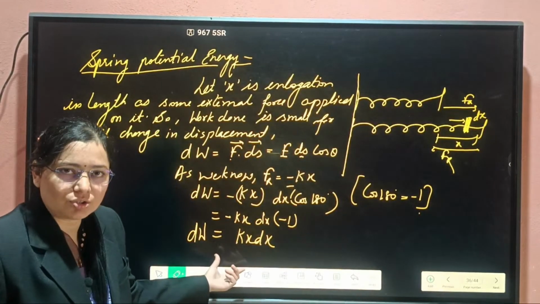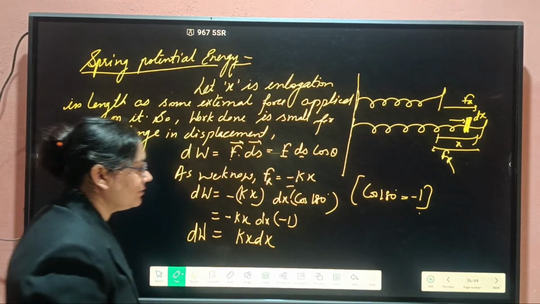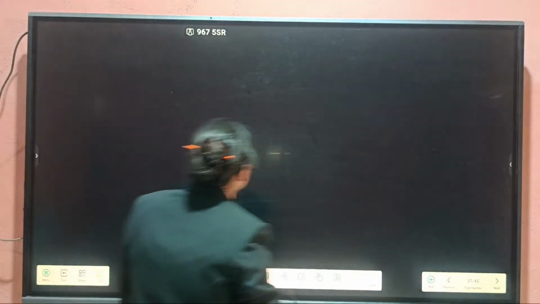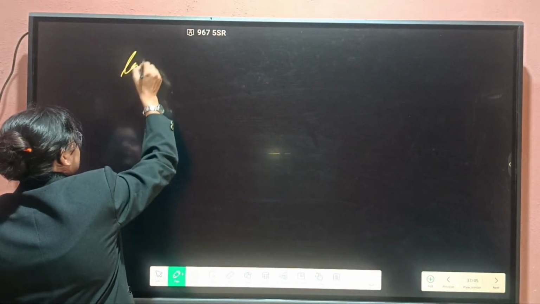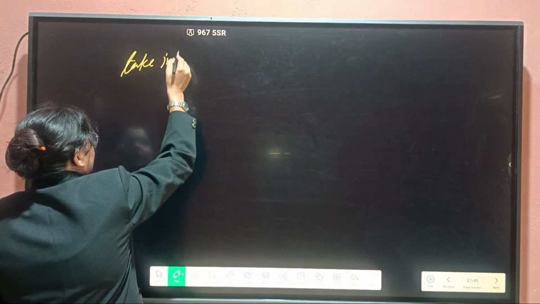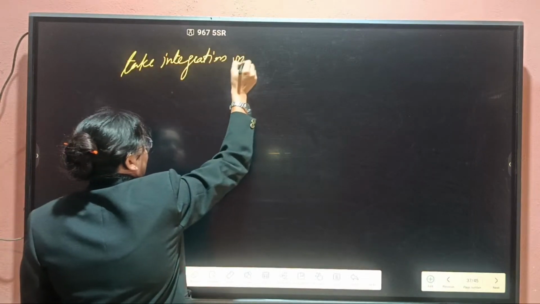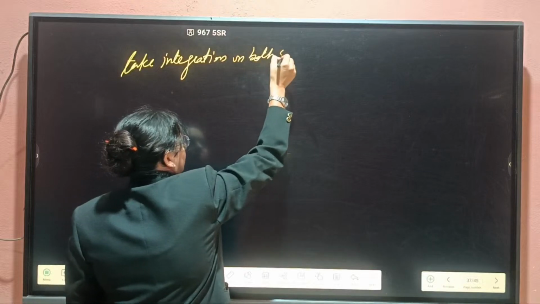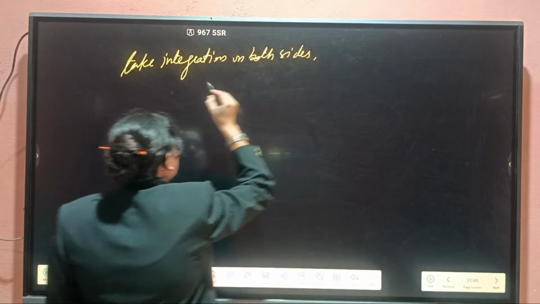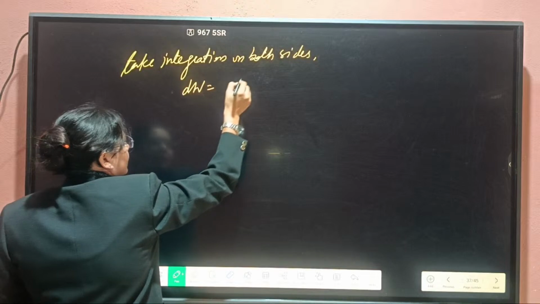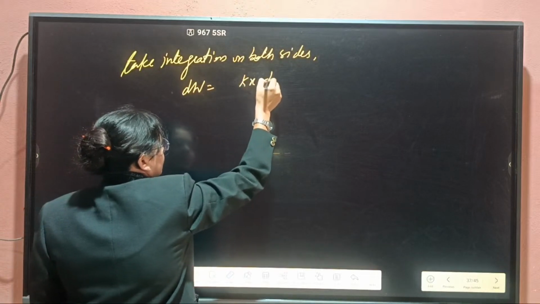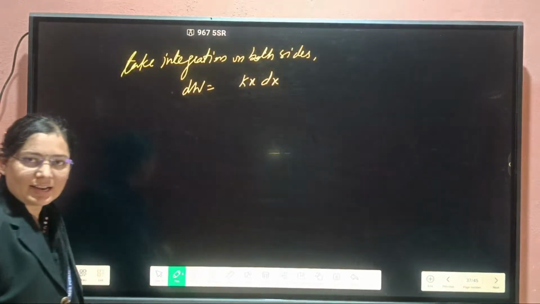To find the total work done, take integration on both sides. Clear? dW equal to kx dx, this is what is left.